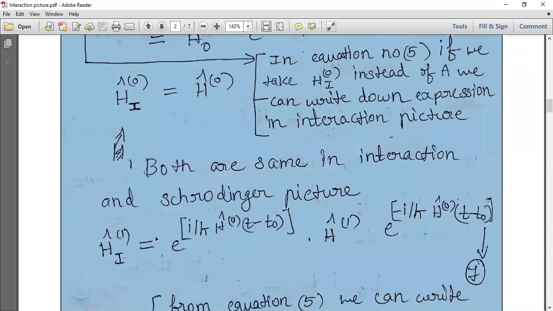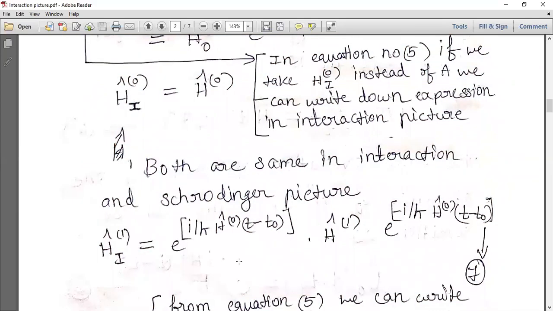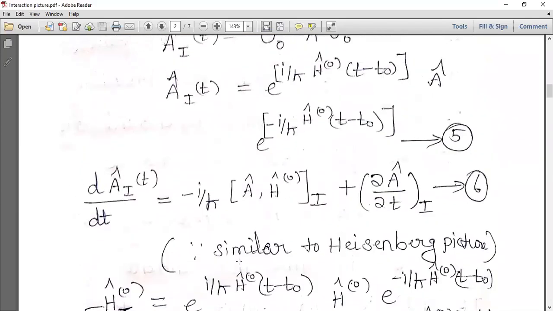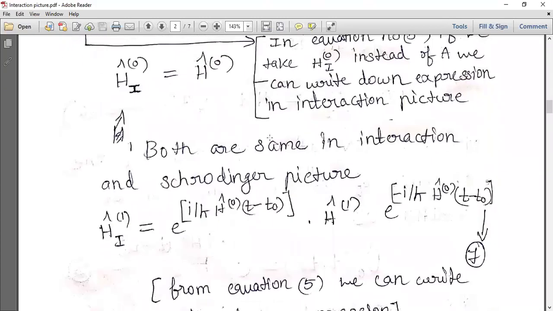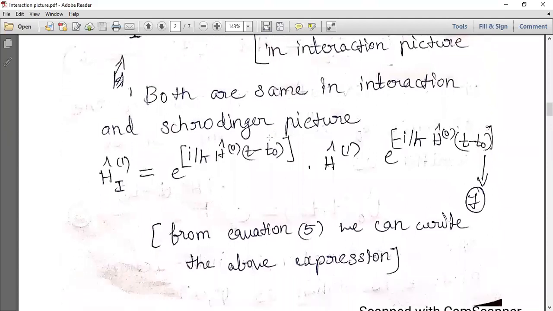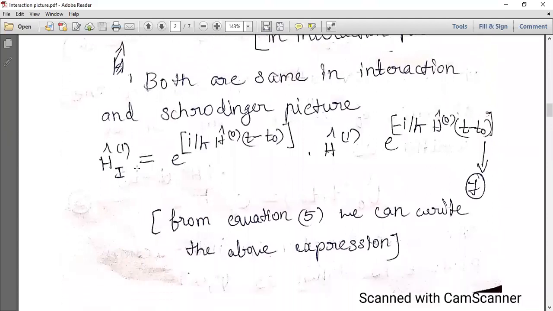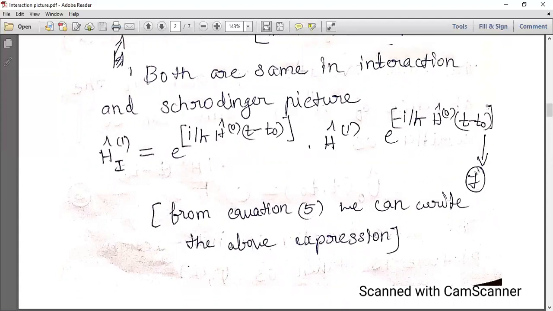Now, using equation number 5, we will write the Hamiltonian in the interaction picture. We got this equation the same way as equation number 5, and this becomes equation number 7.